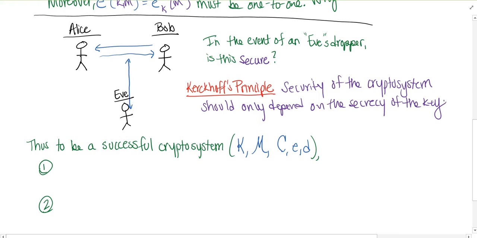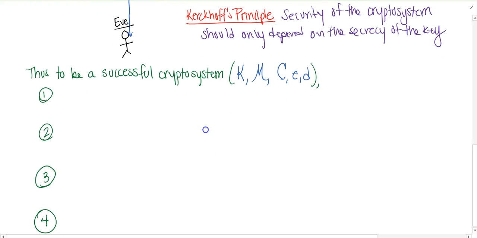Everything else could be intercepted. The plain text should not be intercepted, but the ciphertext, that encrypted text, could be intercepted and still be secure. So we could make everything public except the key, and we should still have a safe system. If a crypto system is successful, we have the key space, the plain text space, ciphertext space, and encryption and decryption functions.